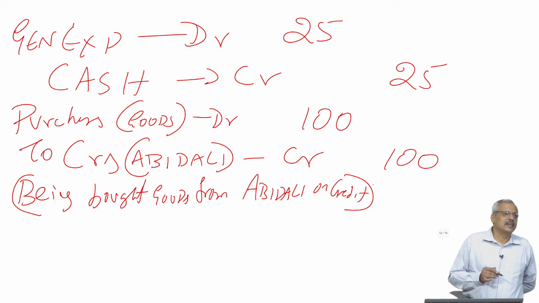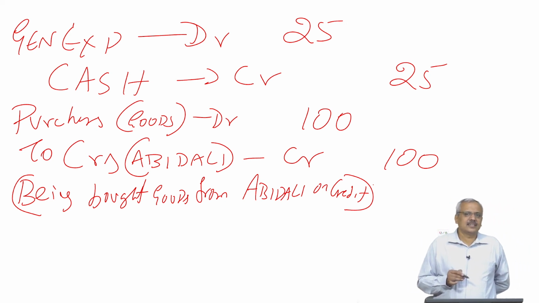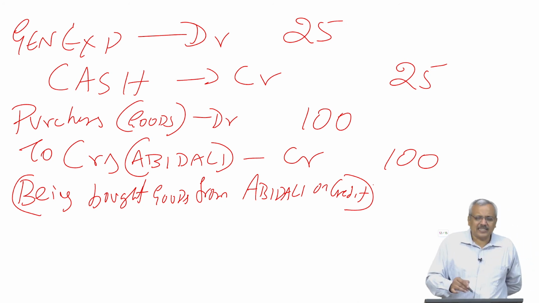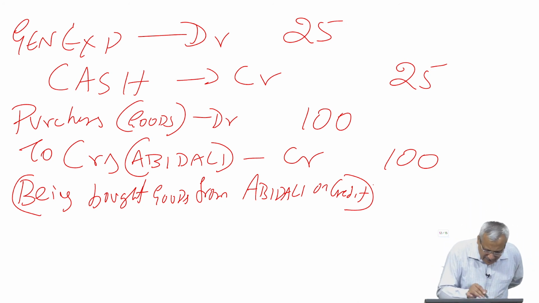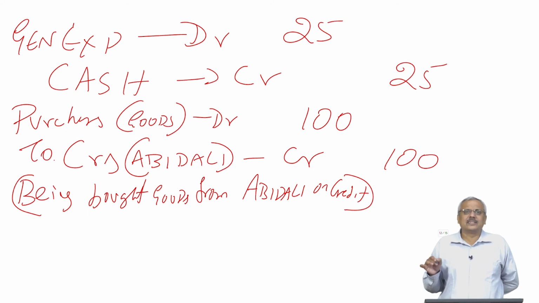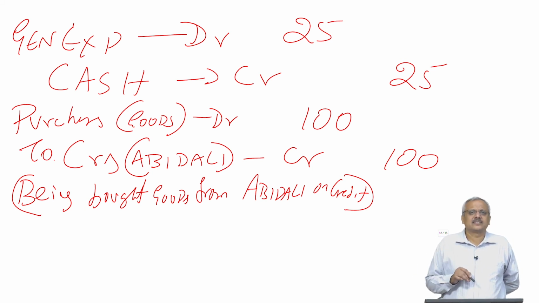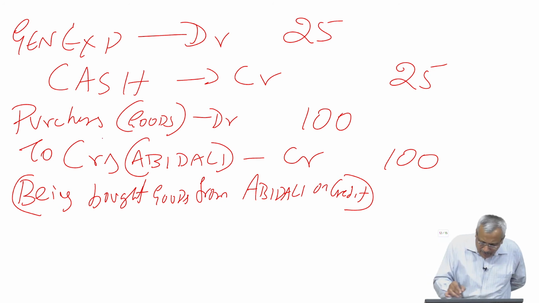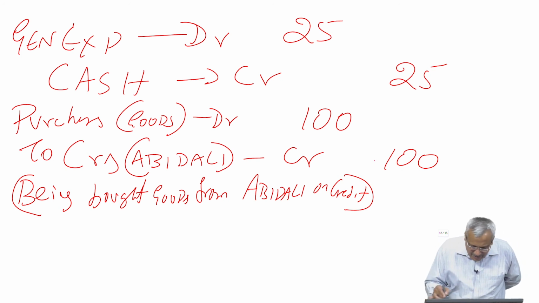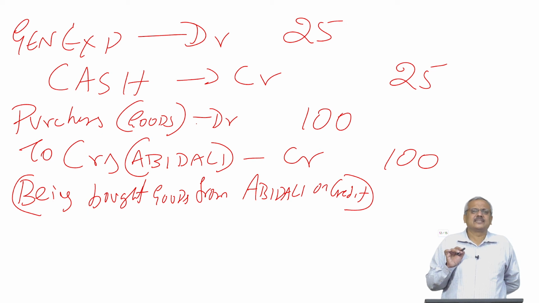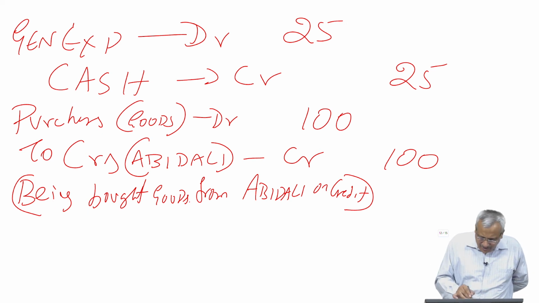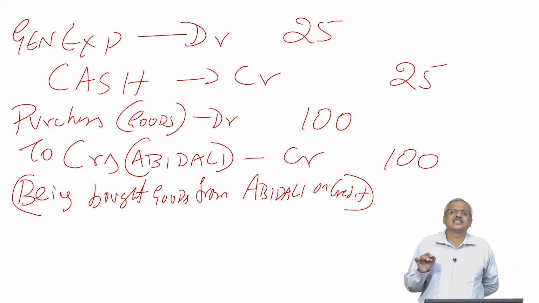That is the normal practice, because just by looking at what account is debited and what account is credited, I will have no idea what this particular transaction is. There is no way I can make out from what is debited and credited what the transaction is. So every transaction will normally carry a narration.